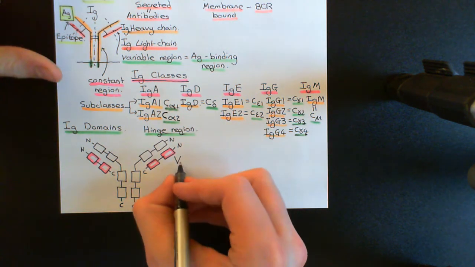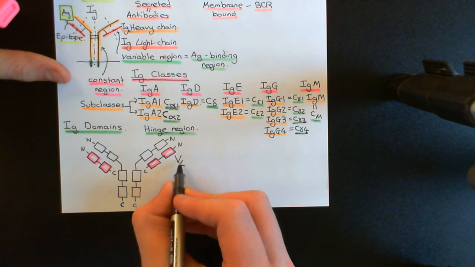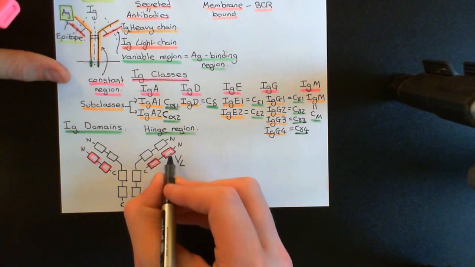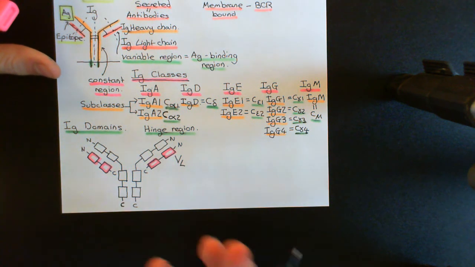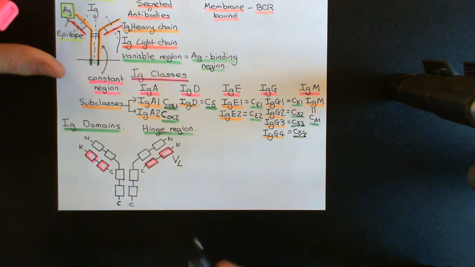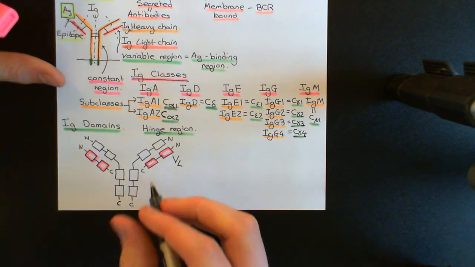We would call it V subscript L, where the subscript denotes that we're talking about the light chain. So this is the variable immunoglobulin domain of the light chain, and of course this is the one that all of the different developing B cells can design differently, and we will discuss that process in much more detail later on.